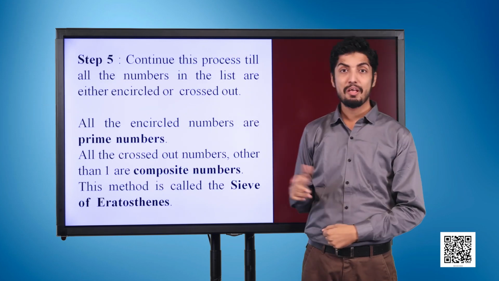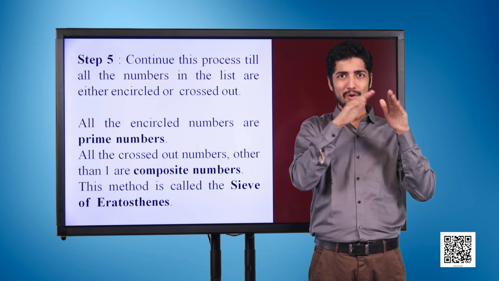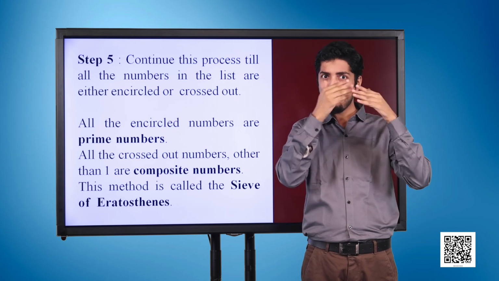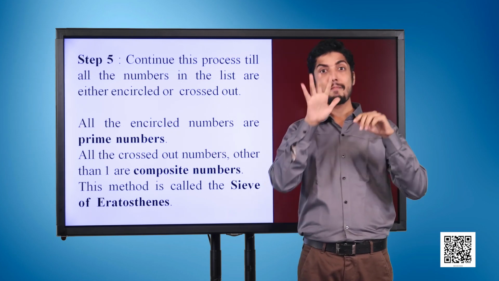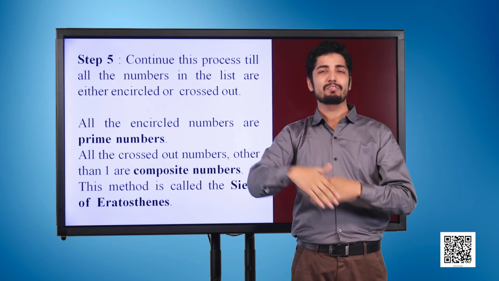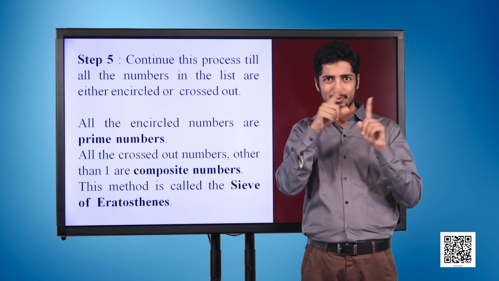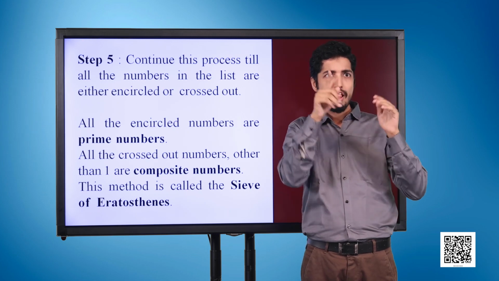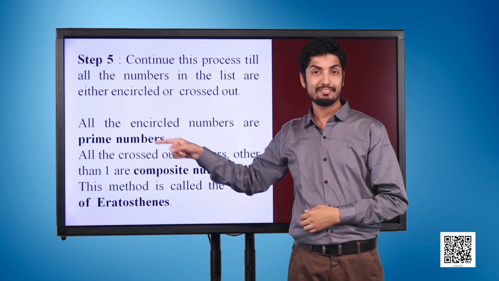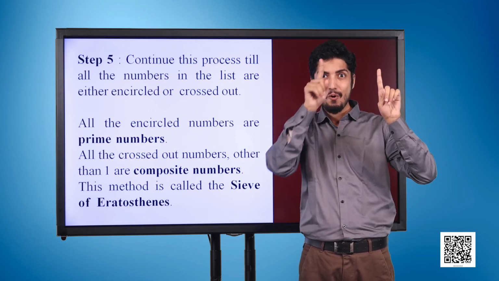Step 5. Continue this process till all the numbers in the list are either encircled or crossed out. All the encircled numbers are prime numbers. All the crossed out numbers other than 1 are composite numbers.